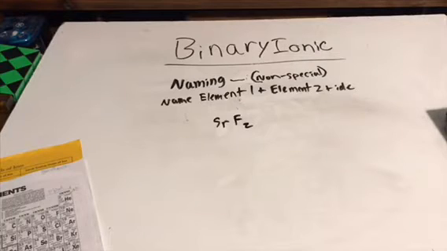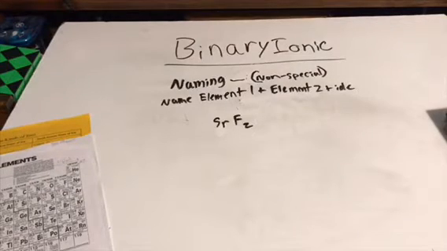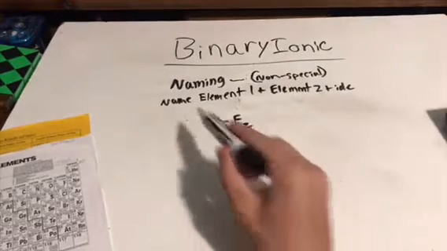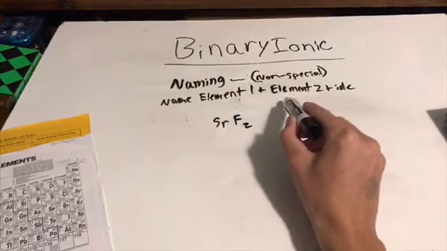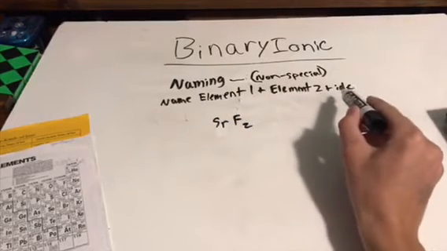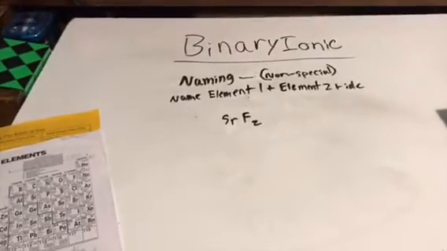Alright, now that you know how to write the formula, how do you name these compounds? Well, it's very simple for the non-special cases. All you do is you take the name of the first element plus the name of the second element plus "ide." So I'm just going to give you a quick example.